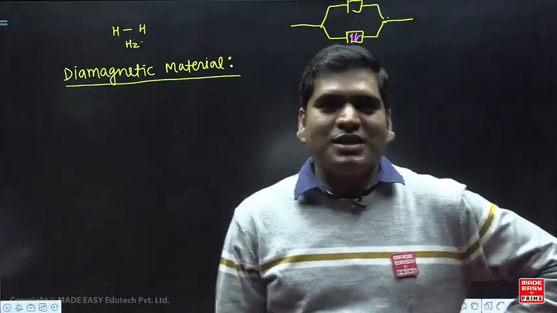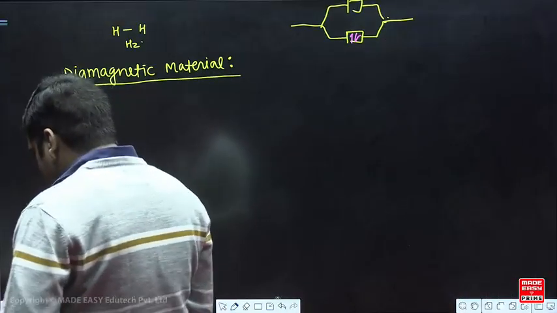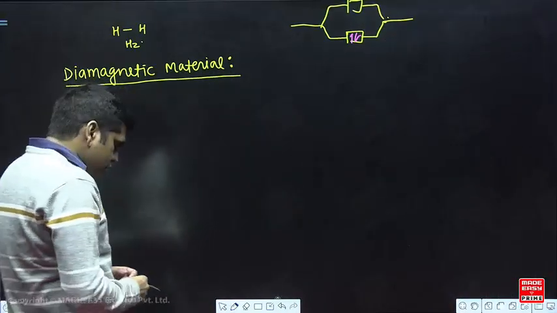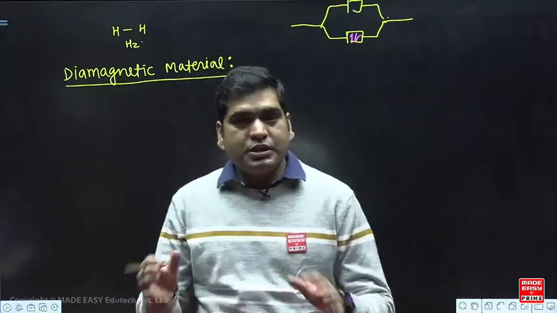So this material is diamagnetic material. These are the materials which have no permanent dipoles. Permanent dipole I mean spin dipole.